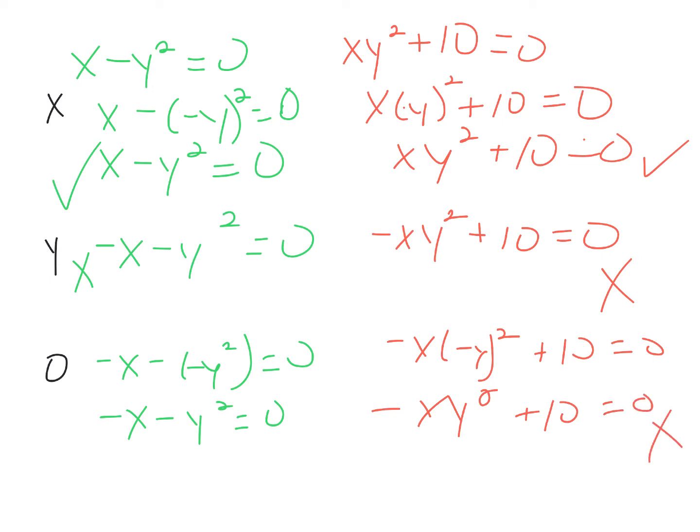Now, let's talk about what this means real quick, because I did not mention that. So if I were to graph any of these functions, that means, as we recall, this is your x-axis, this is your y-axis, and this is your origin. So if it's reflecting over the x-axis, that means whatever's happening up here will be the same on the other side down here.